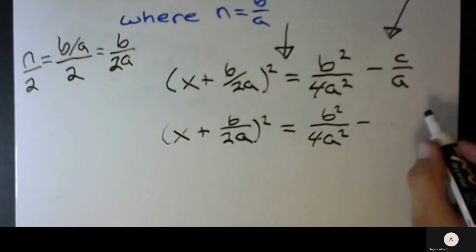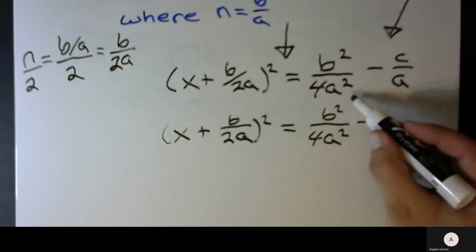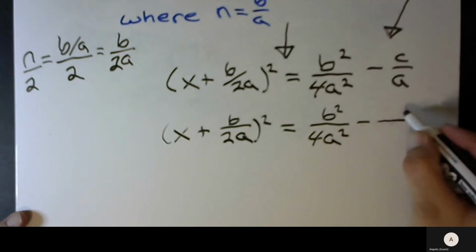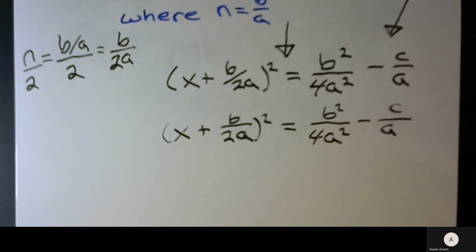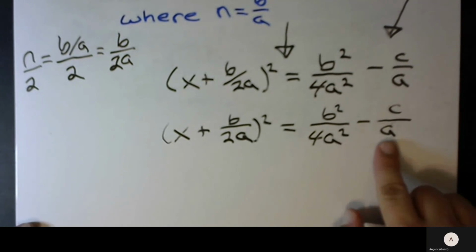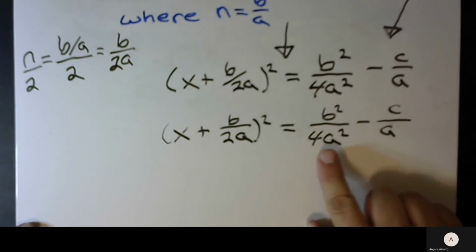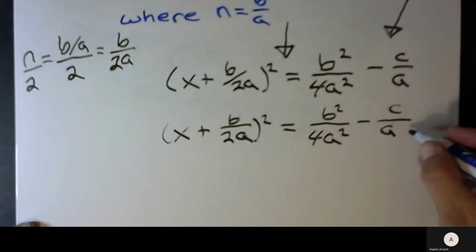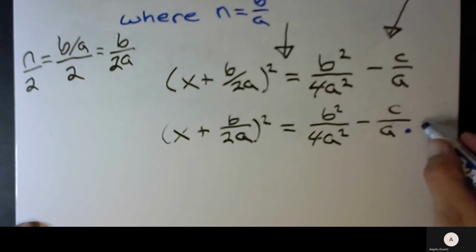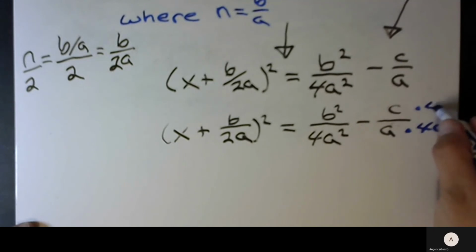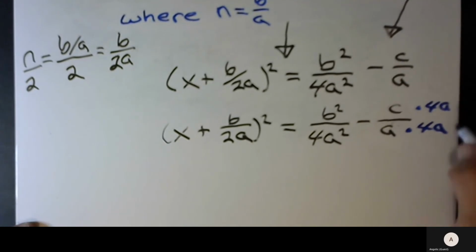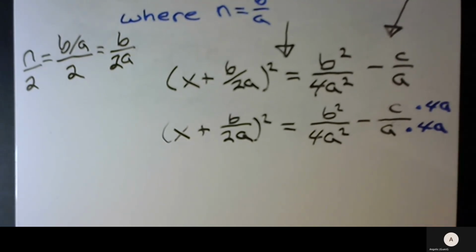Now this one, we need to give it a common denominator with this. So there's an a, but we need an a squared. And we also need a 4. So what we can do is multiply the bottom and the top by 4a. And then we're going to have that common denominator.